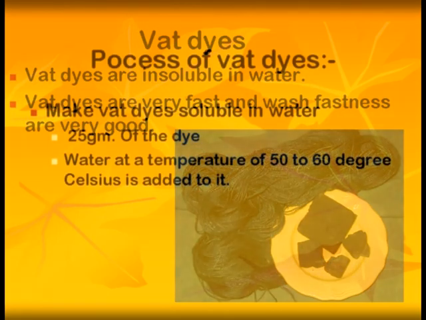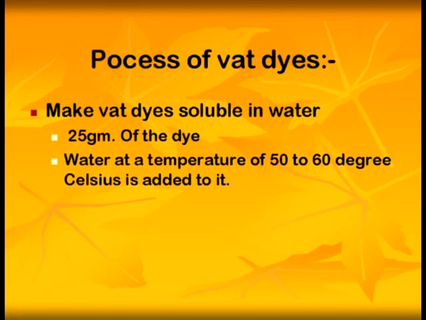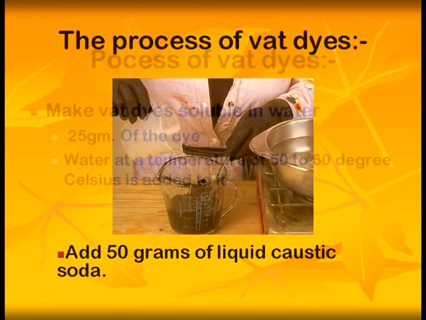Vat dyes are insoluble in water. To make them soluble, 25 grams of dye is taken in a vessel, and water at a temperature of 50 to 60 degrees Celsius is added to it.